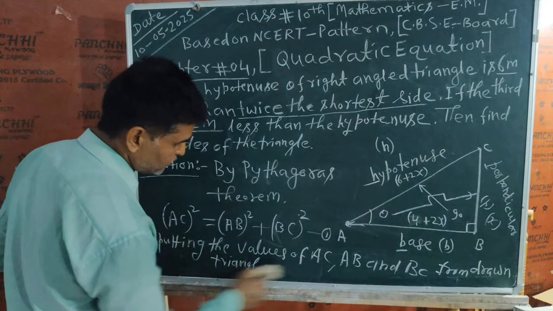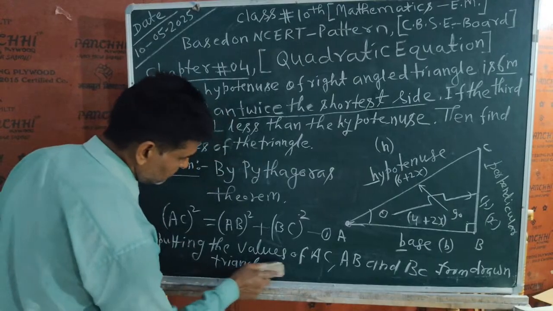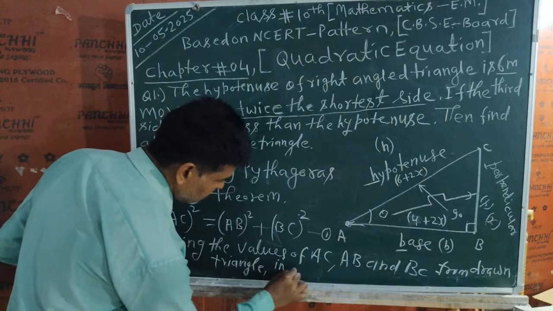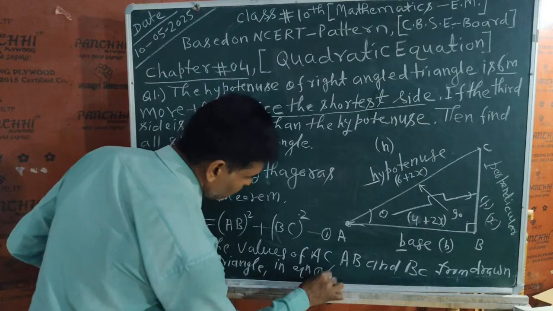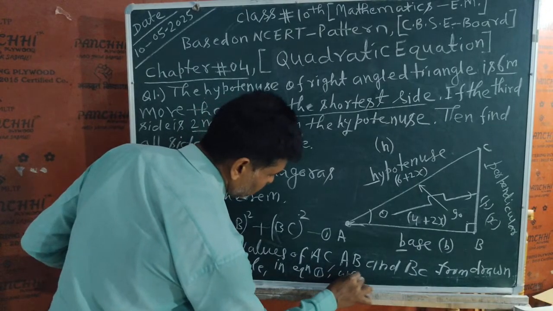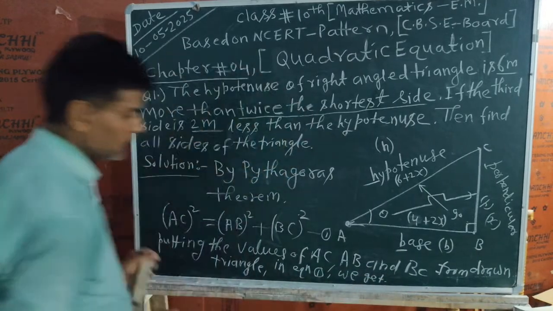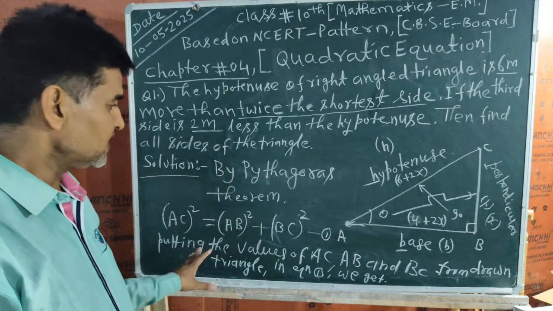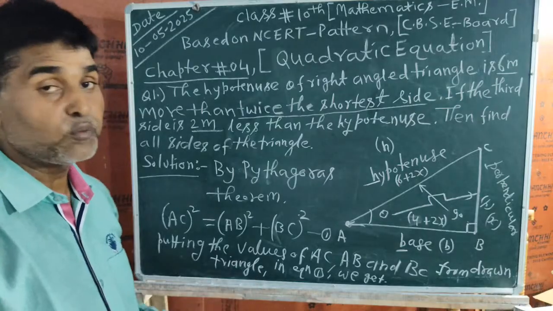Here I have to also put in equation 1. In equation number 1 we get, because the information must be clear, so that each and every student can understand very easily and solve it.